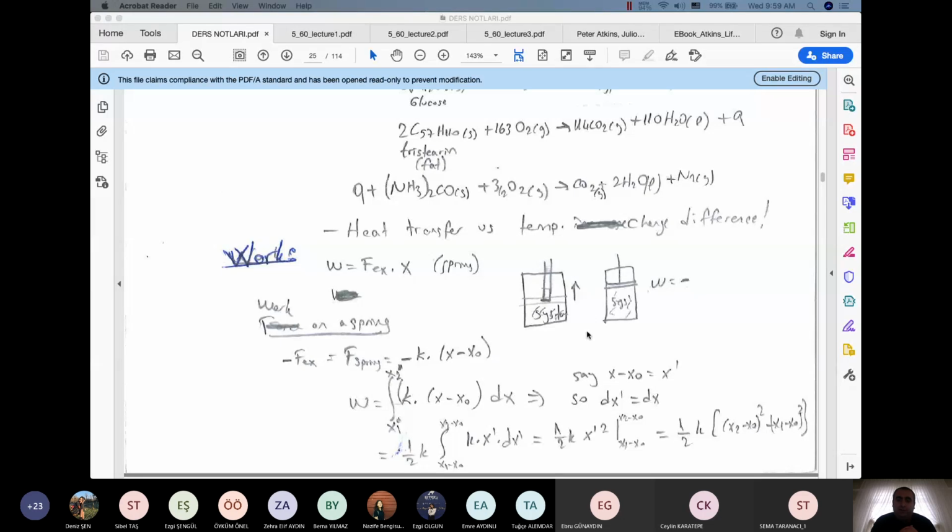On the other hand, if the surrounding gives any work or heat into the system, we say the system has gained something. That's why we put a plus sign over there. So this is the first, and we must actually know and stick with this notation.